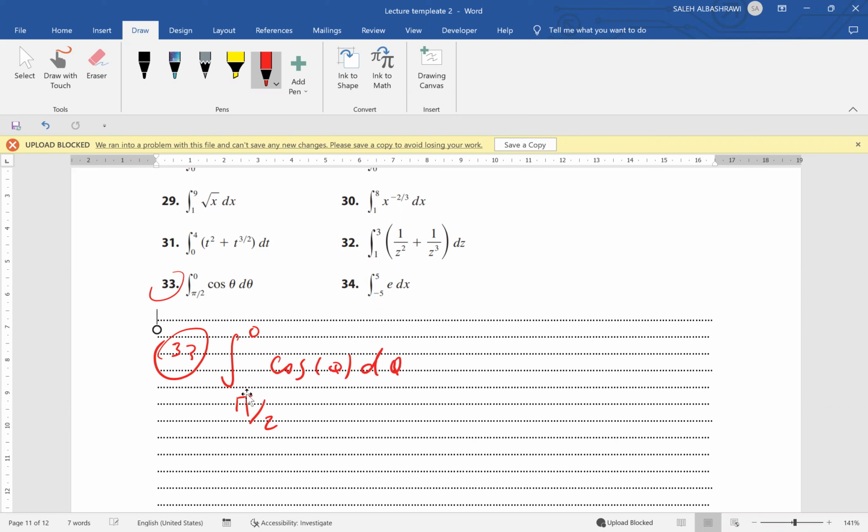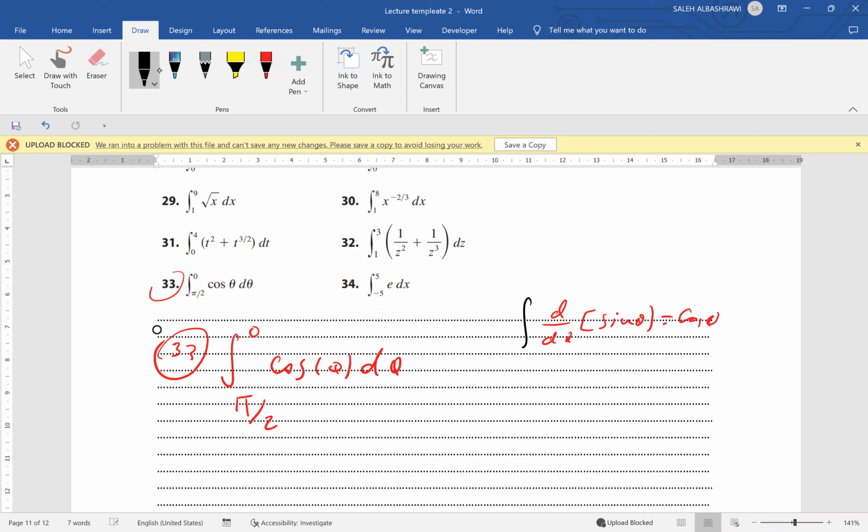We can think about the trigonometric function and which function, if we differentiate it, we will get cosine. We know that the derivative of sine, d by d theta of sine theta, is equal to cosine.